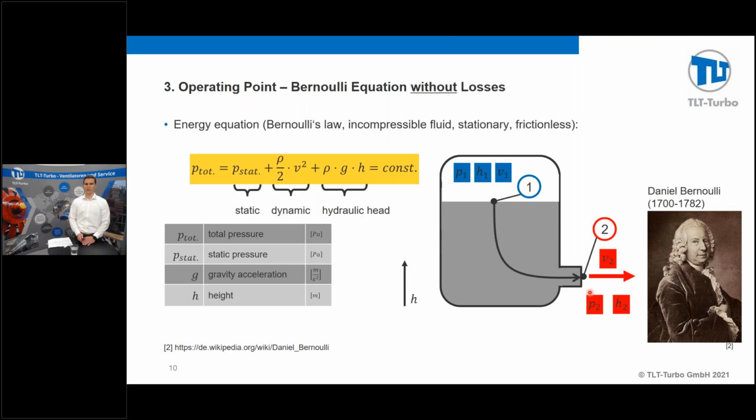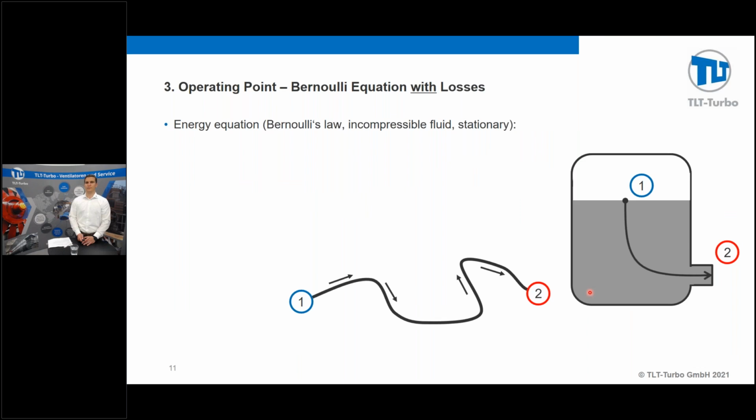So in an ideal world, you know, we do not live in an ideal world, so we need to adjust this equation in order to take care of the losses which occur here between point 1 and point 2. Or even if we have a look at some technical plant and we want to have a volume flow or mass flow which should go from point 1 to point 2, there occur losses in between.